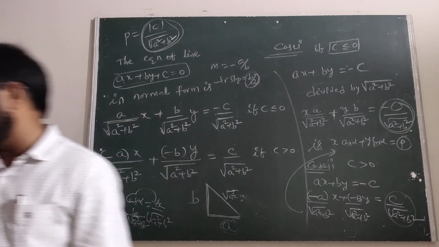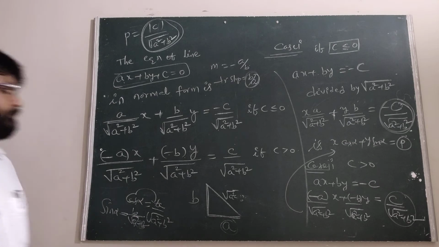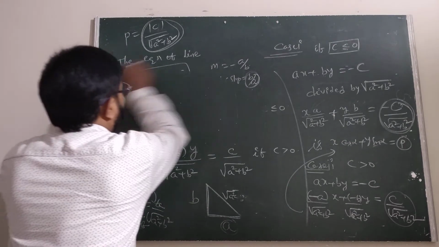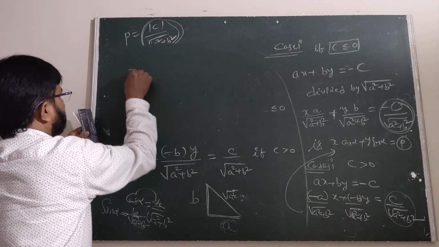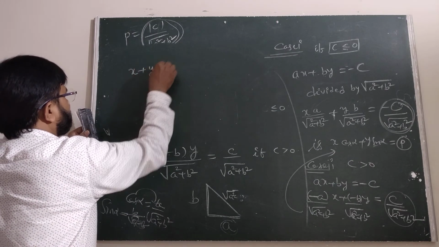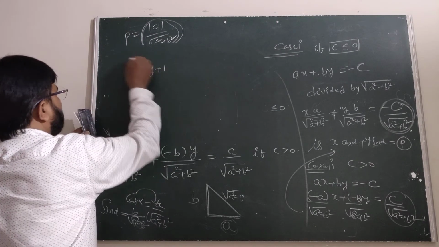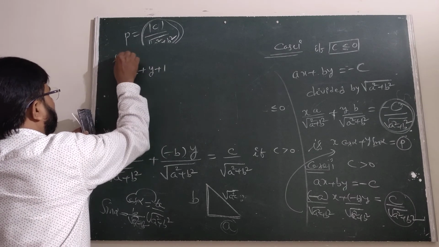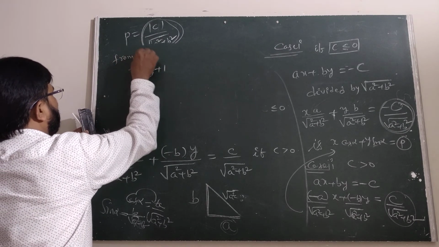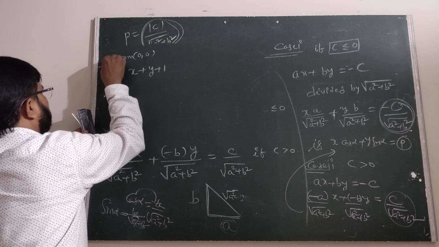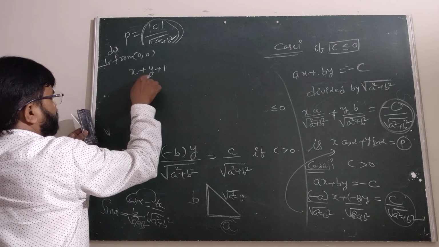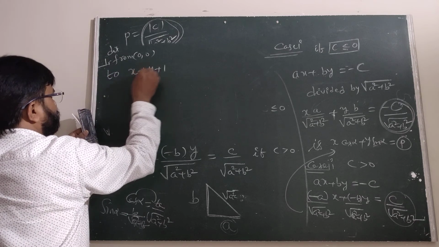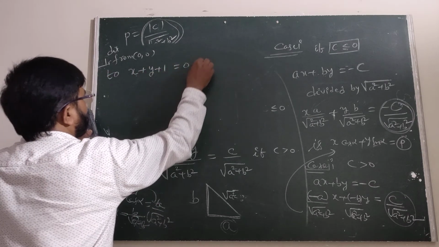Okay, how to write this one? All of you listen. Find the perpendicular distance from origin to the line x plus y plus 1 equal to 0.